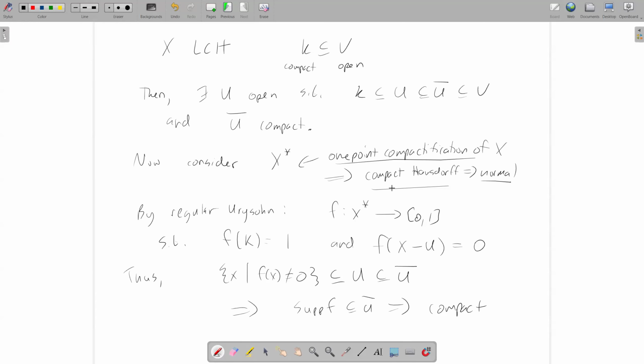Because U closure is compact, and closed subsets of compact sets are compact. Okay, so f has compact support.